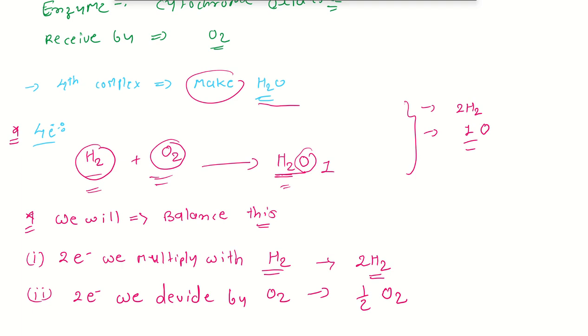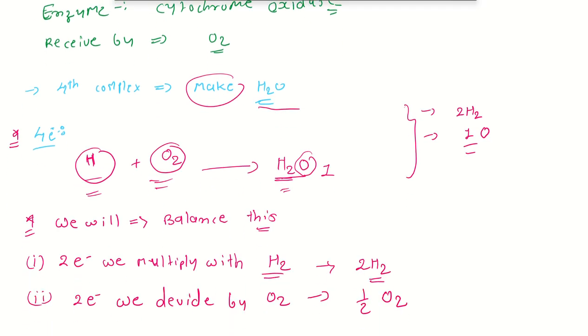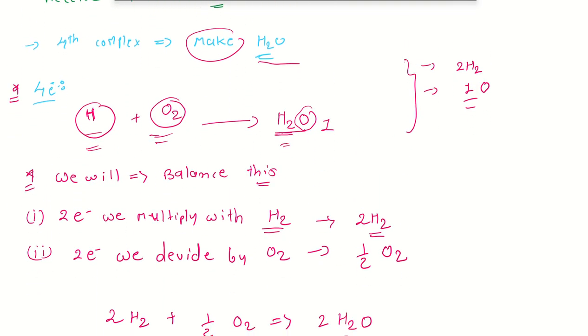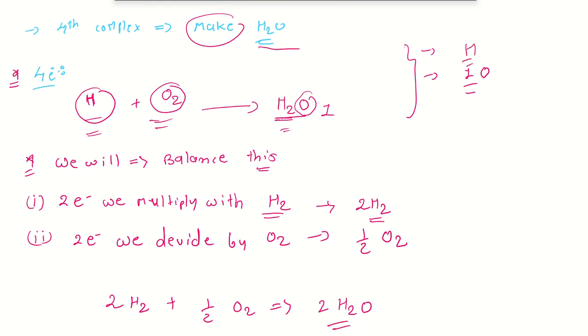Sorry, we have one hydrogen. Sorry, H2 means helium, it's my mistake. Please keep in your mind, this was a mistake. We have only one hydrogen and one O2. So if we want to make H2O, what will we do?